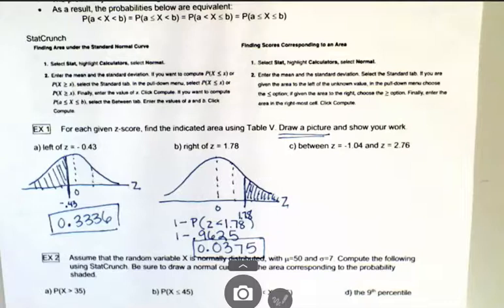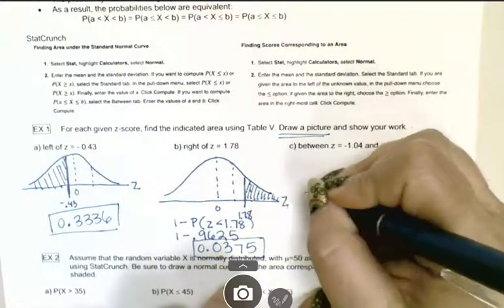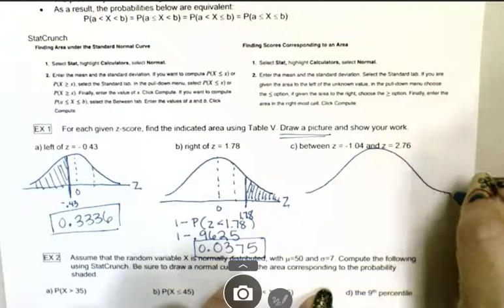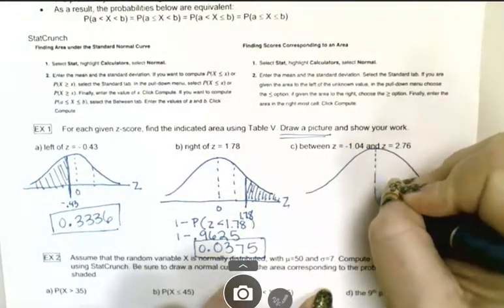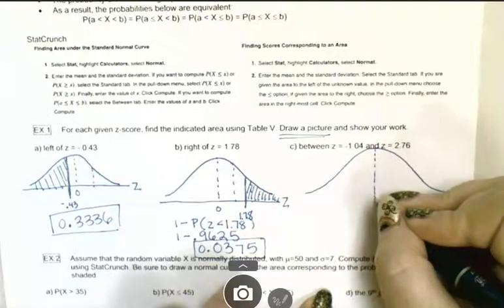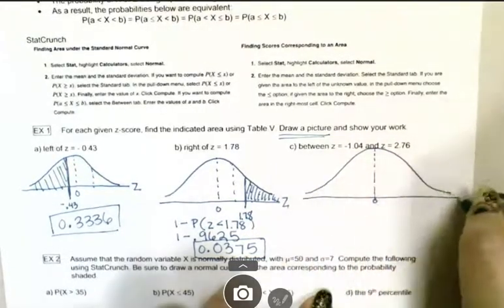In part C, this one asks me to find the indicated area that's between two different z-scores. So, just like you will on pretty much every problem, I'm going to draw my curve.